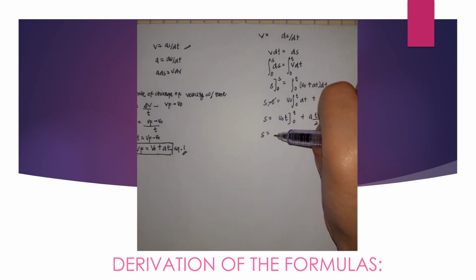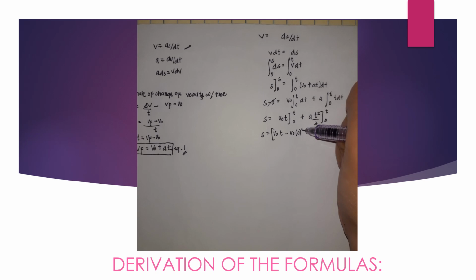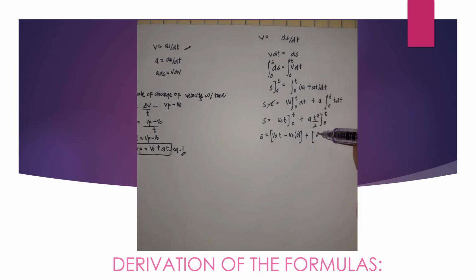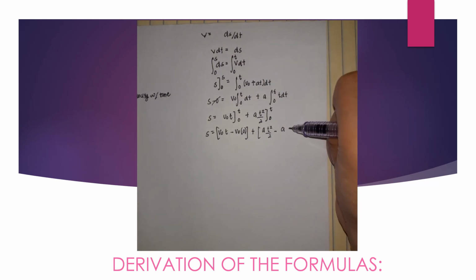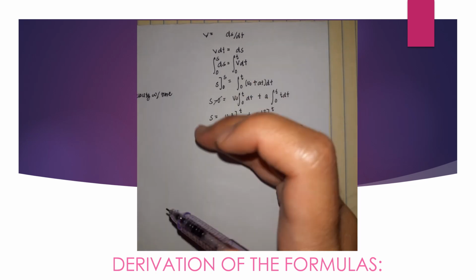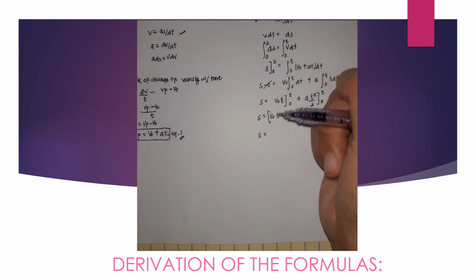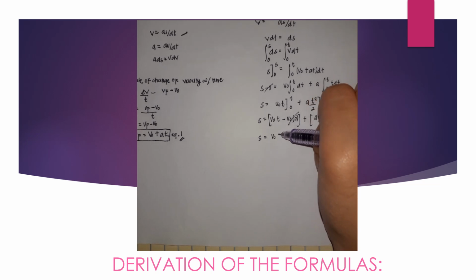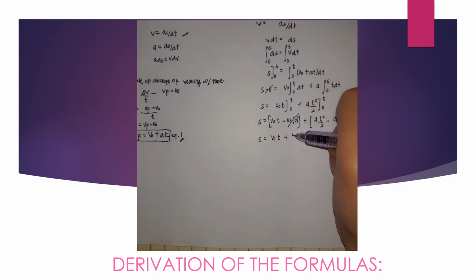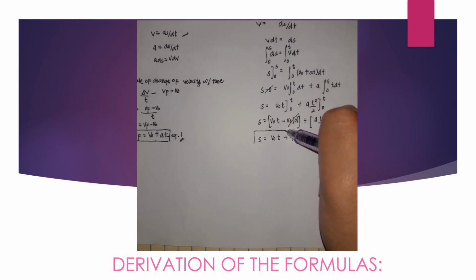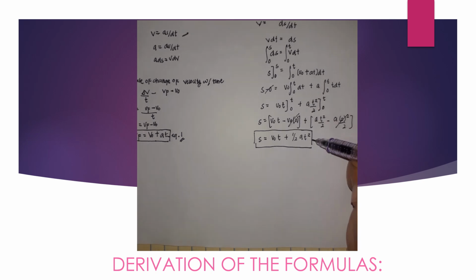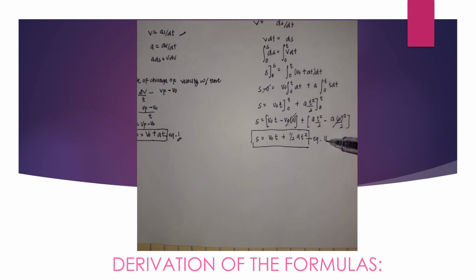Substituting the limits, we have v initial times t minus v initial times 0, plus a t squared over 2 minus a times 0 squared over 2. The zero terms cancel, so we are left with s = v initial times time plus 1/2 at squared. This is our second formula that we derived, equation number 2.